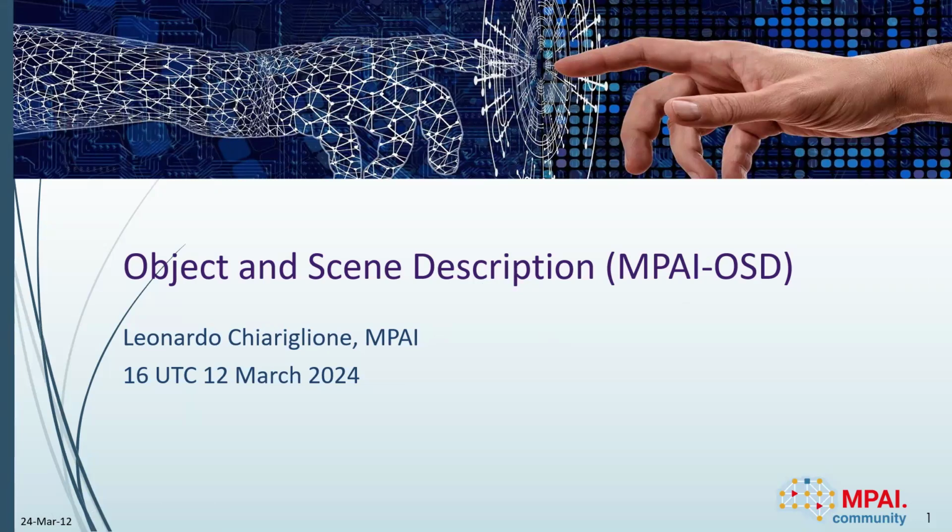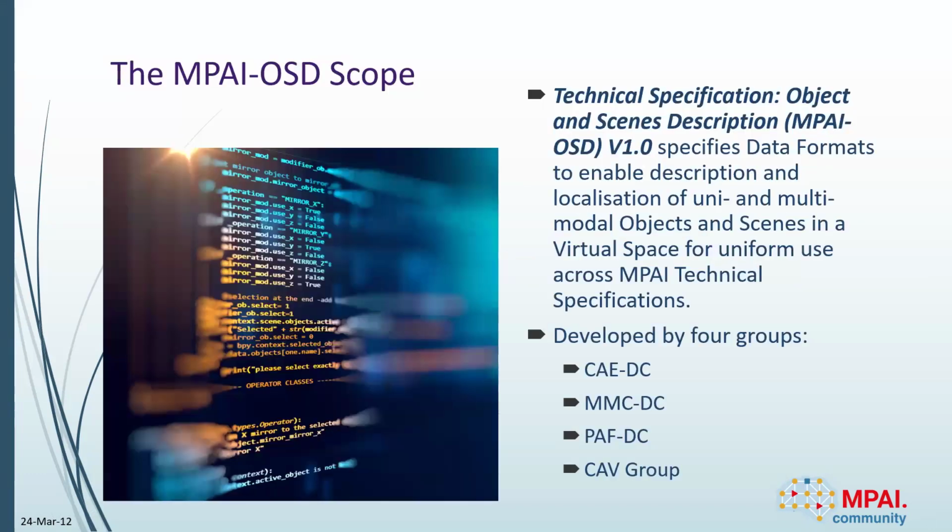It is an important specification developed by MPAI, and the scope of this specification, formerly called the Object and Scene Description MPAI-OSD version 1.0, is to specify the formats to enable description and localization of unimodal and multimodal objects and scenes in a virtual space for uniform use across MPAI technical specifications.